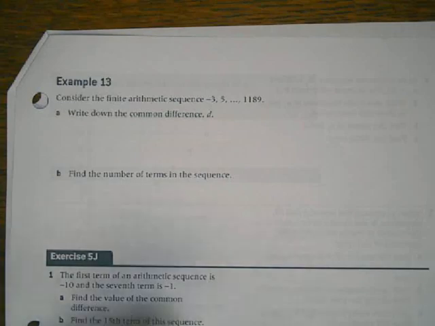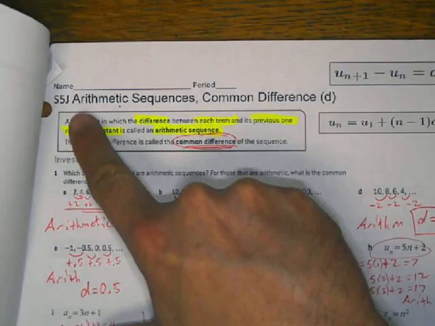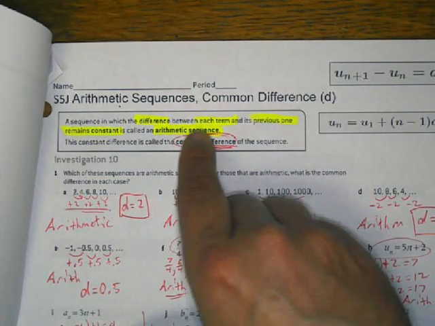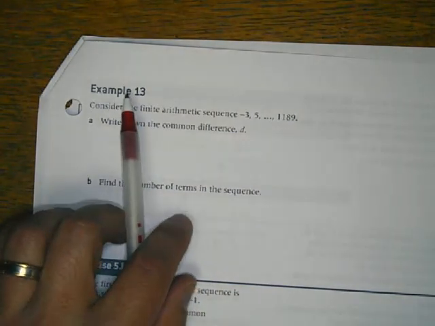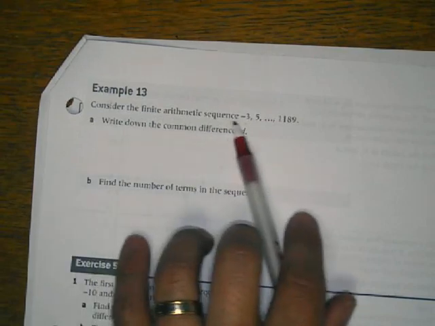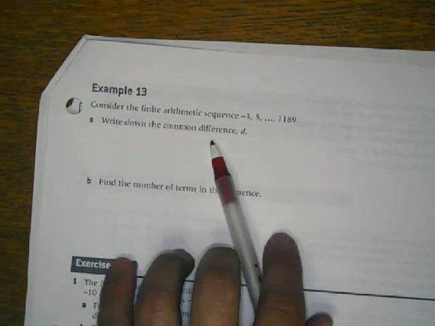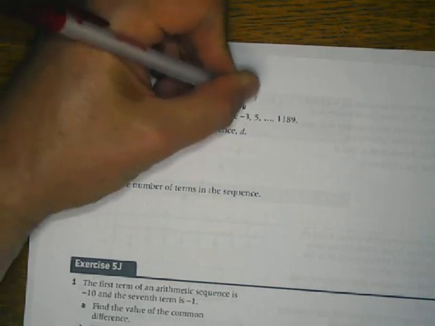All right, we're going to finish our handout, the S5J Arithmetic Sequence Common Difference handout. So here we are in example 13, and it says, consider the finite sequence, write down the common difference. So here I've got u sub 1, here I've got u sub 2.